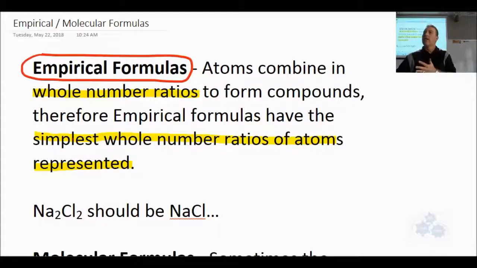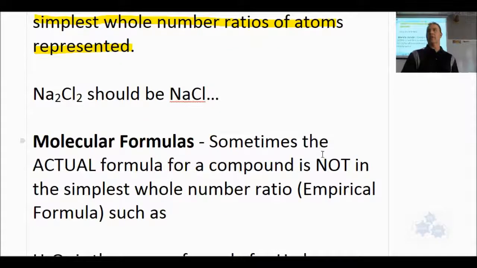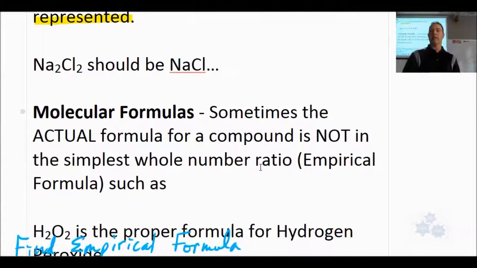Okay? Now, empirical formulas aren't always the way that they're written. Sometimes actual formulas are not the simplest whole number ratio, and so sometimes the actual formula is called the molecular formula, which is not the simplest whole number ratio in some cases.